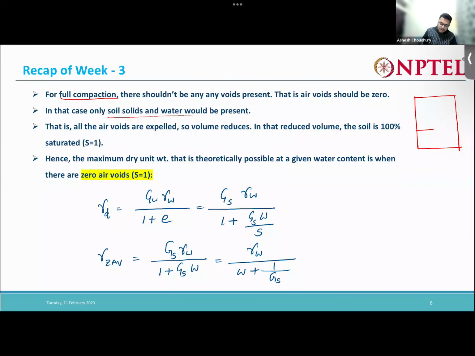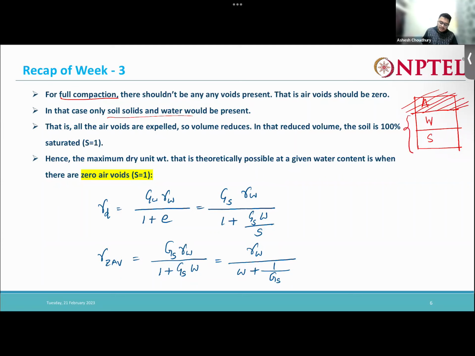So we have our soil solids, we have our water, we have air. In the ideal case, you have eliminated this air completely. So this is not there.